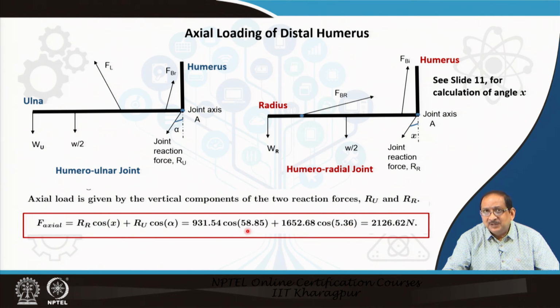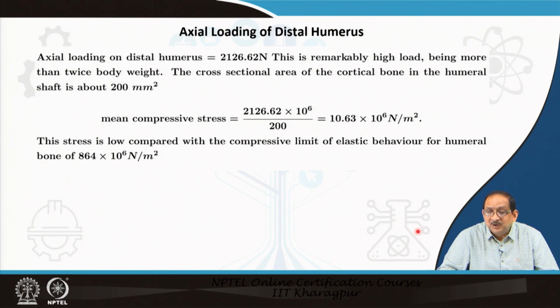X was calculated earlier as 58.85, and we put the respective values of RR and RU, and we finally get the axial load on the distal end of the humerus as 2126.62 Newton. Now, this load of around 2100 Newton, that is about 200 kg, is remarkably high indeed, which is about more than twice the body weight.